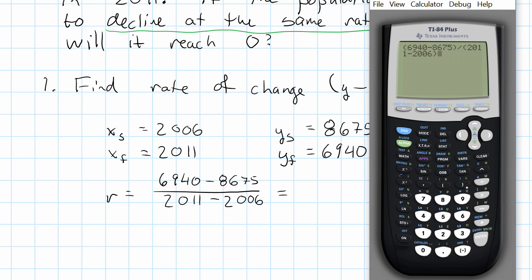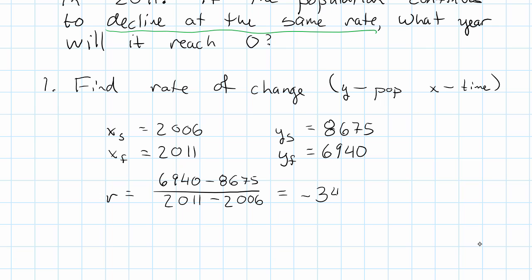I'm going to look it over carefully and make sure I entered it properly. I'm going to hit enter. I get negative 347. The rate of change is negative 347.